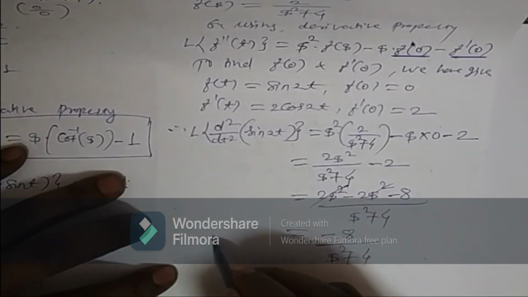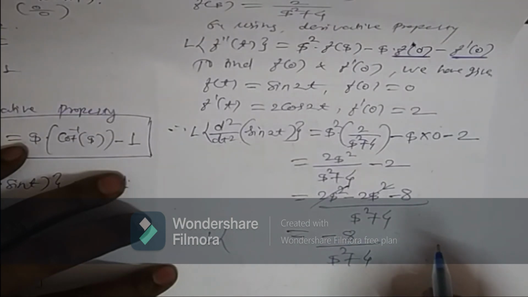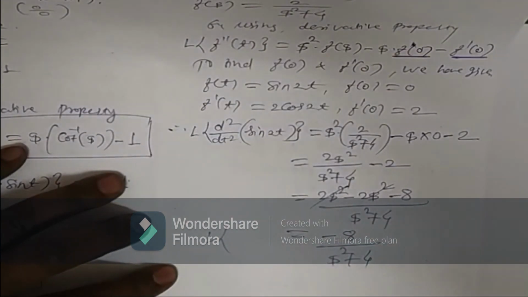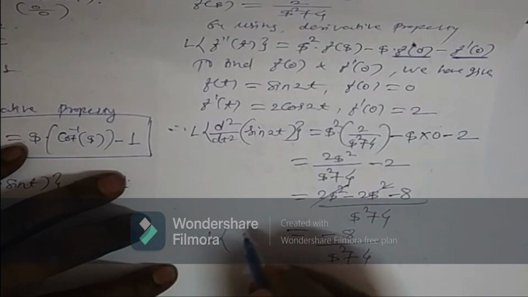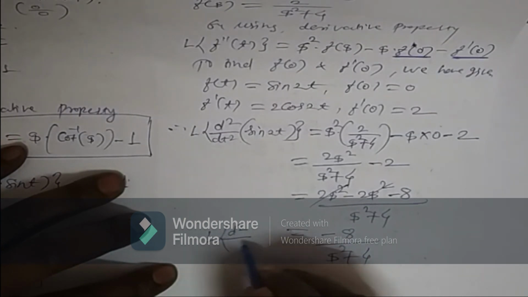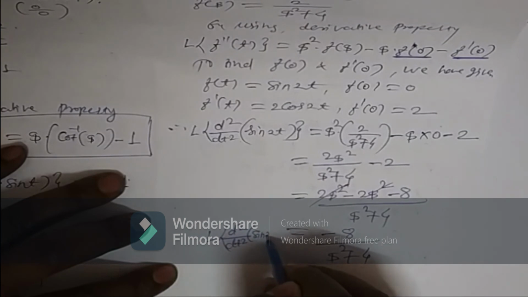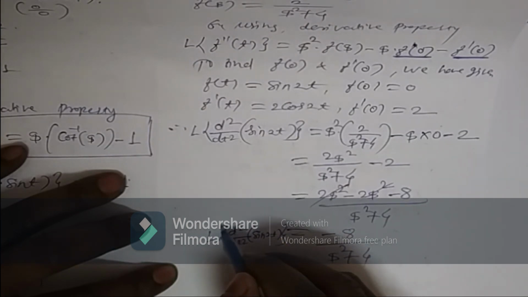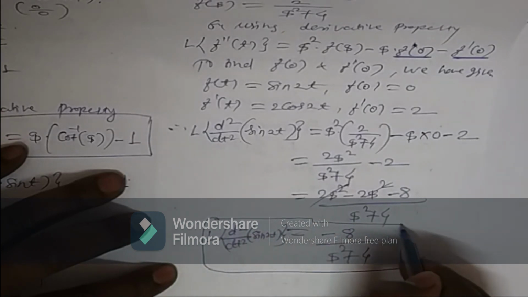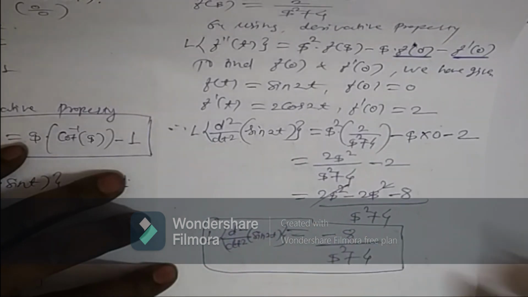This is the Laplace transform of d square upon dt square of sin 2t. This is your final answer, isn't it?